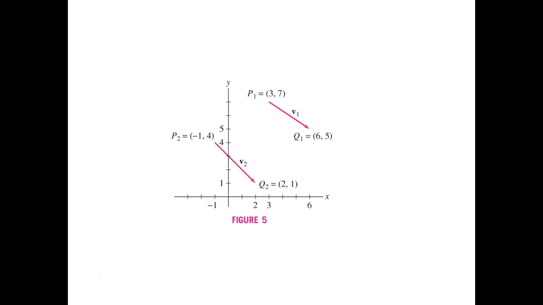Write them in what form? Always the preferred form. Component form. If you get them in component form, everything should become a lot clearer. So let's do that. What would be V1 in component form?